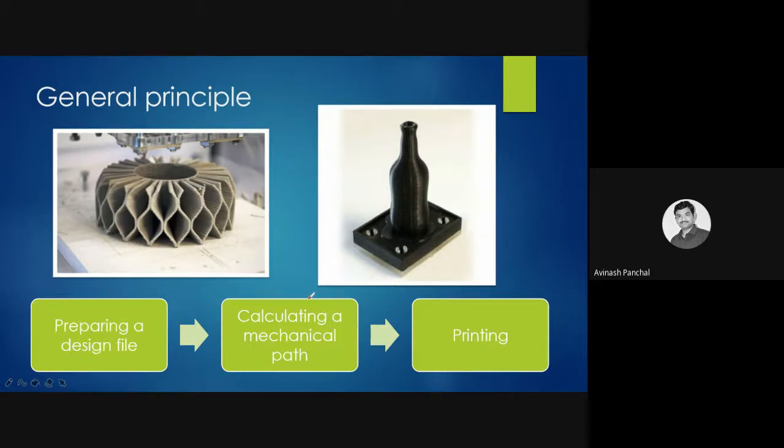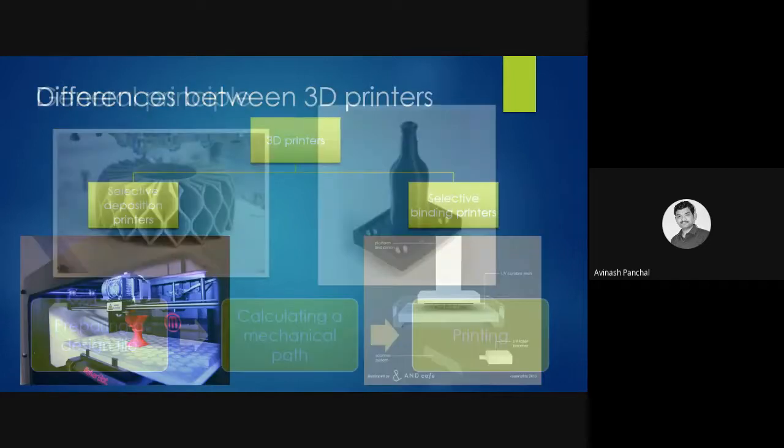After uploading the 3D model in the form of CATIA or any other software, it is converted into an STL file. Then calculating the mechanical path, how it should be generated. That path will be created by the slicing mechanism in the software, and then it is going to print. Okay, so this is a simple thing.